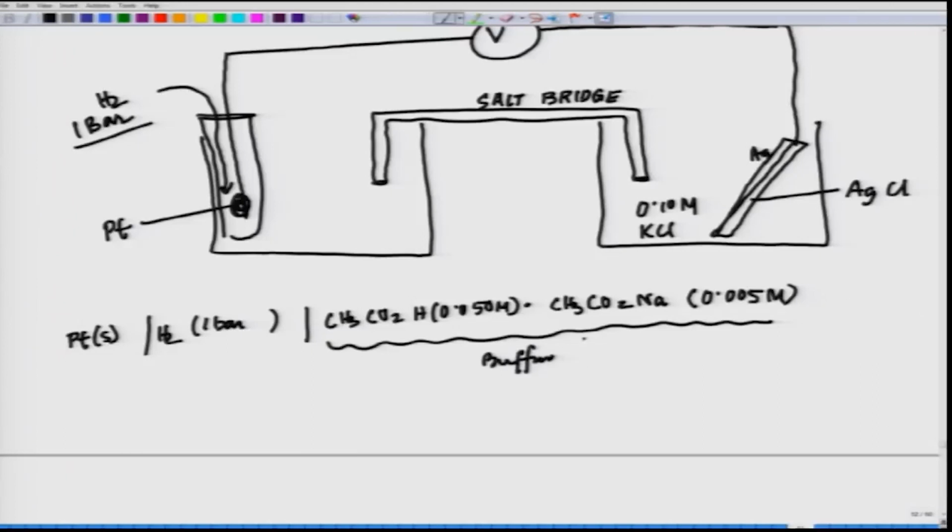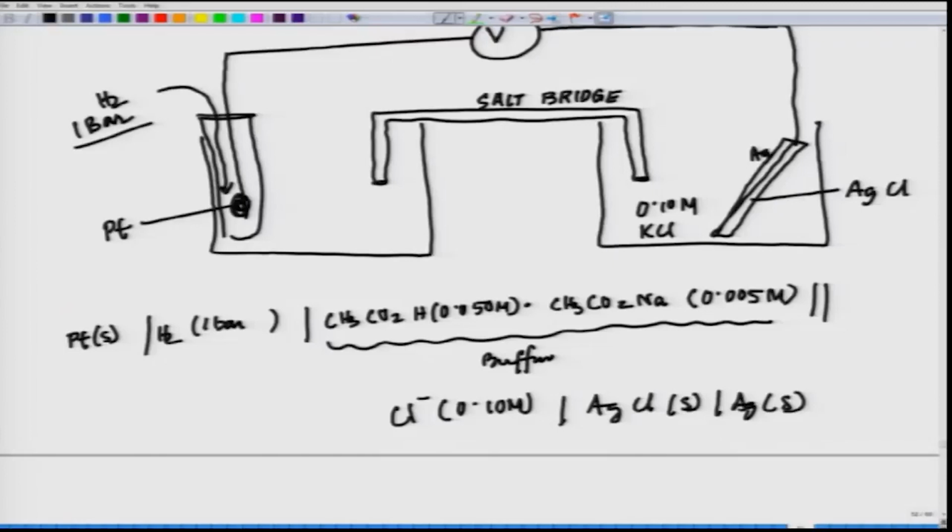This is what is buffering it. And you have the double line showing the other side, the right hand side of the reaction, which is chloride 0.10 mole with AgCl solid, Ag solid. So, this is what the reaction looks like.